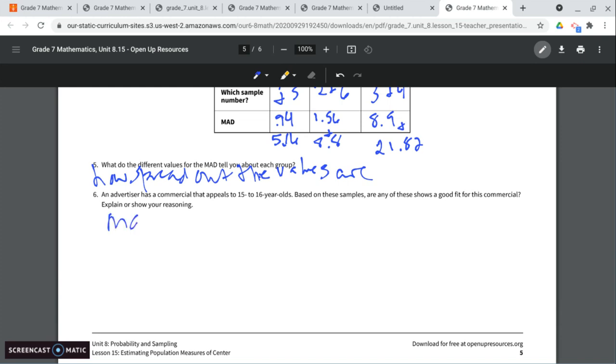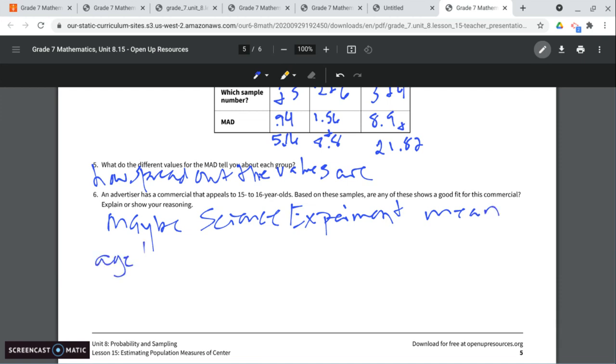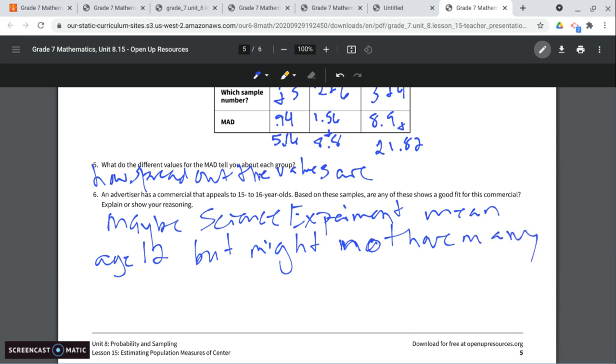So maybe science experiments, mean age 12, but might not have many 15 or 16-year-olds.